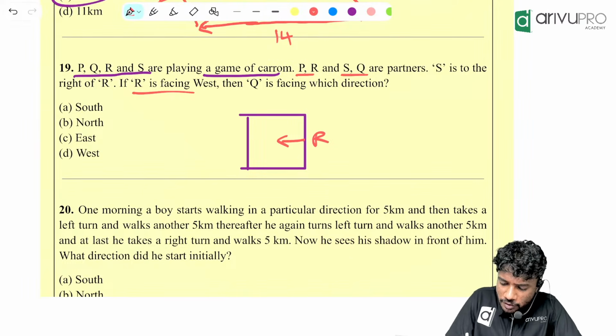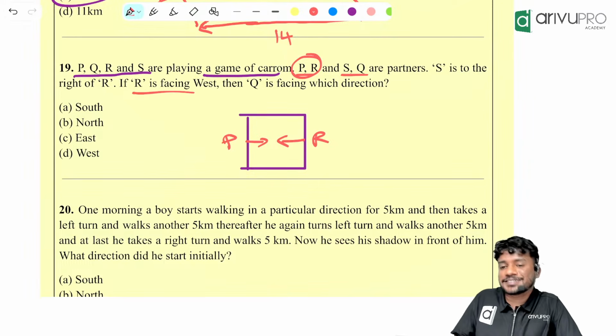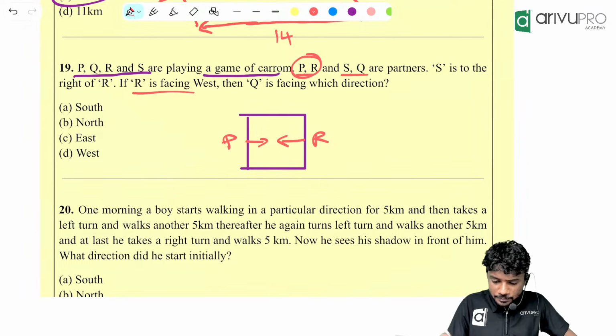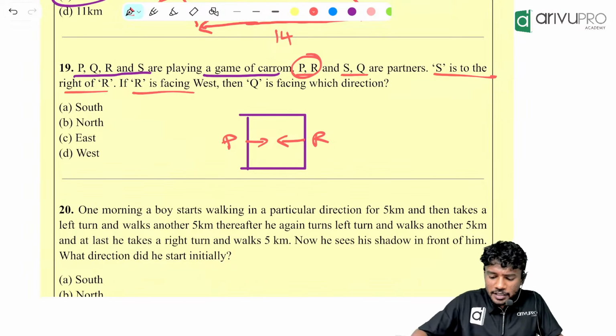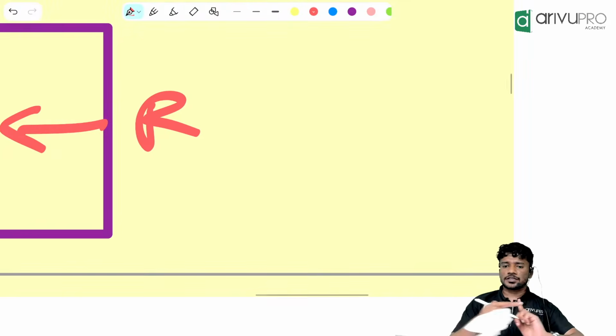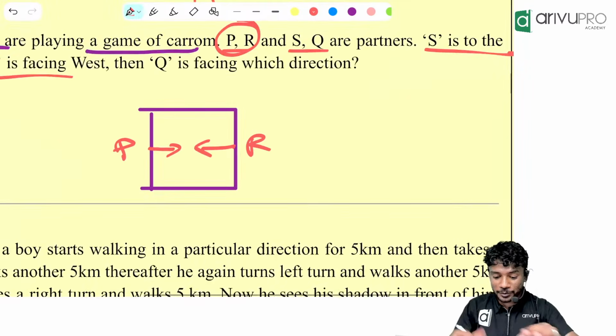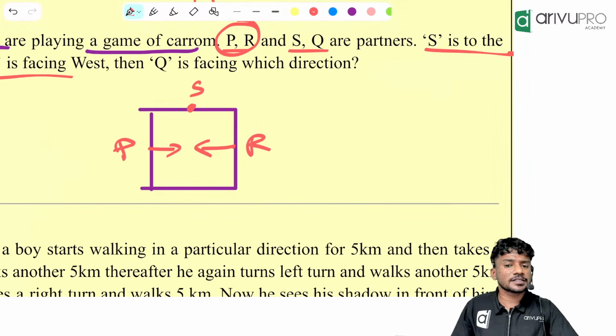Who is the partner of R? P and R. So P will be looking in which direction? East direction. Then what is told? R is facing west. S is to the right of R. People, what is right of west? A person looking west, right means up north. So where will be the position of S? S will be sitting over here.